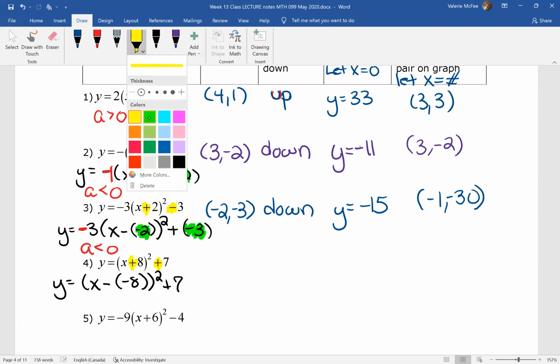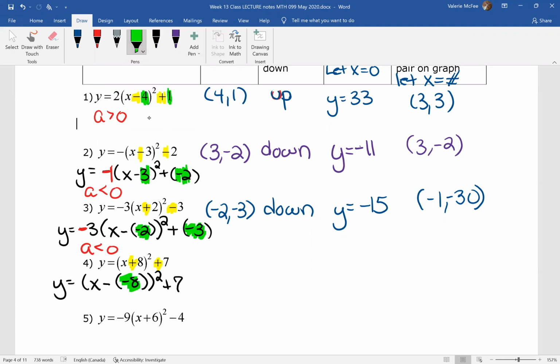So we see our h, k. We know the vertex. We see that a is greater than 0 because this is a positive 1 at the front. This parabola opens up.